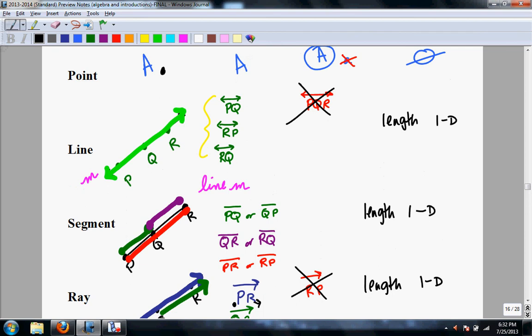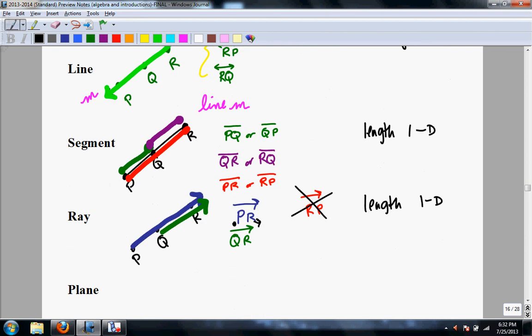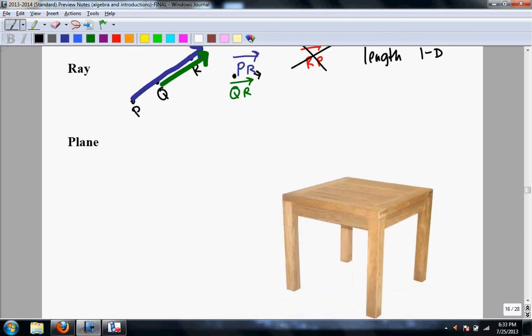So our alphabet so far is point, line, segment, ray. Our last one is a plane. Now planes are made up of 3 or more connecting points, 3 or more connecting points.